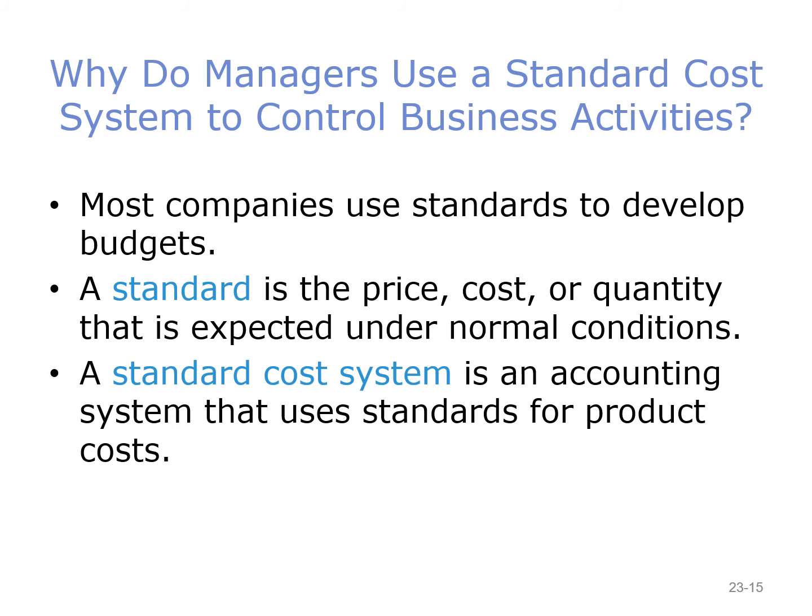Most companies use standards to develop budgets. A standard is a price, cost, or quantity that is expected under normal conditions. So the standard cost system is an accounting system that uses standards for product cost. Standards means expectations, budgeted.